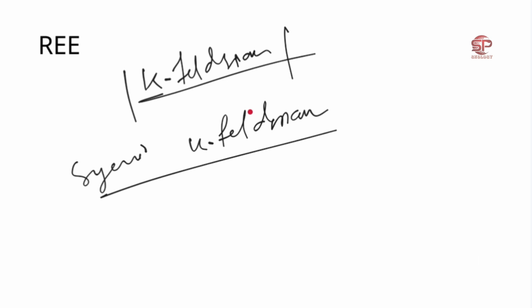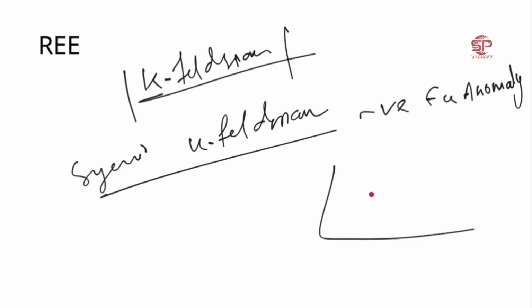Because it is actually, bookishly, enriched in feldspar. So the feldspathic syenite will show a negative europium anomaly. So that will be the REE pattern. Negative europium anomaly it will show. You can draw it like this.